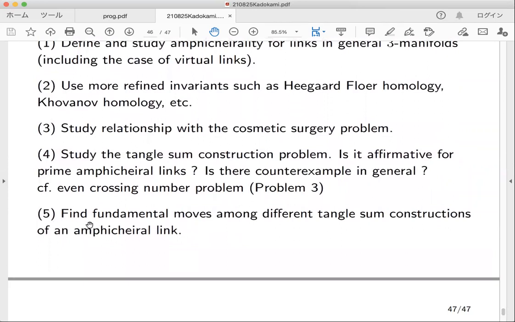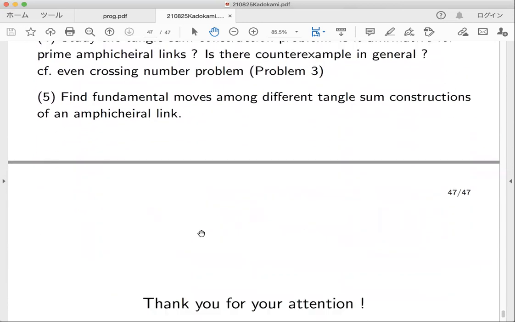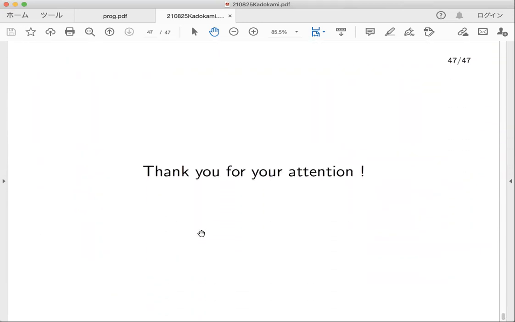The fifth one is to find fundamental moves among different tangle sum constructions of an amphicheiral link. Yes, thank you very much for your attention.